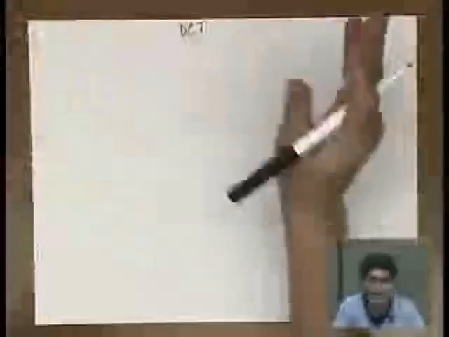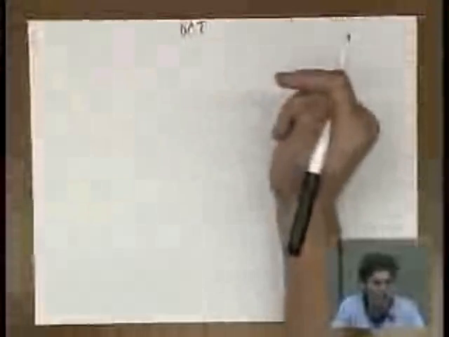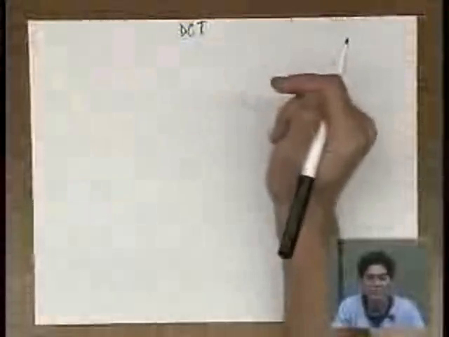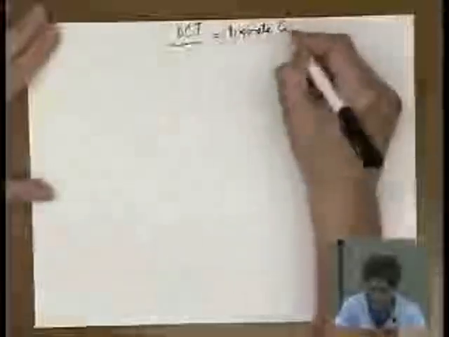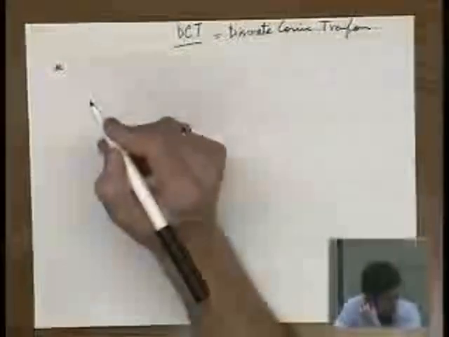And I want to motivate and tell you why there is a need for a new transform. Then I'll talk about what it is, and about its compaction properties, and show you that it does something better than DFT, and that's why people use it. So this DCT, or discrete cosine transform, has two properties.